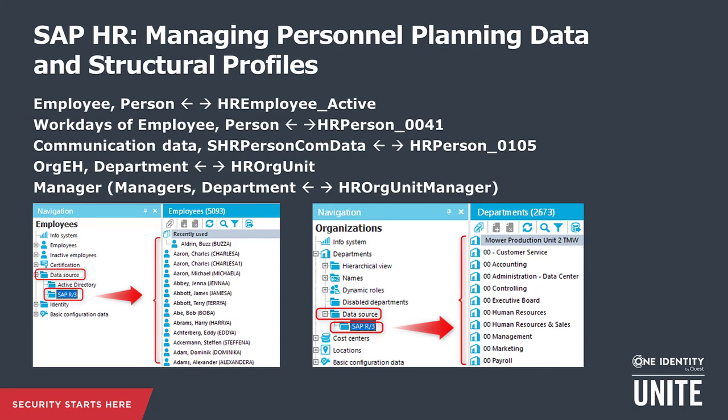Some attributes here that are mapped are entry date, leaving date, technical entry date. The HR person 105 info type, this is info type 105 communication data, is mapped to the SH person ComData object in OneIdentity Manager schema. Some of its attributes are account or email.